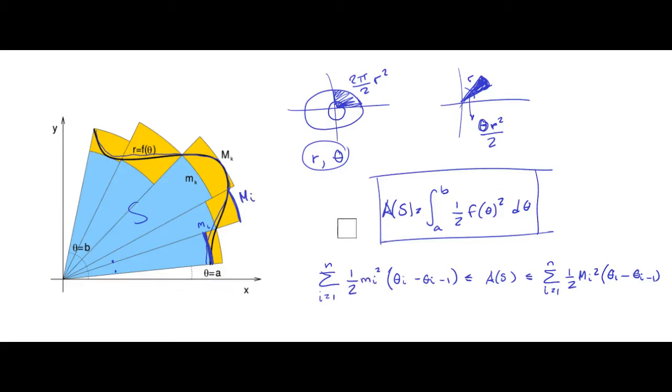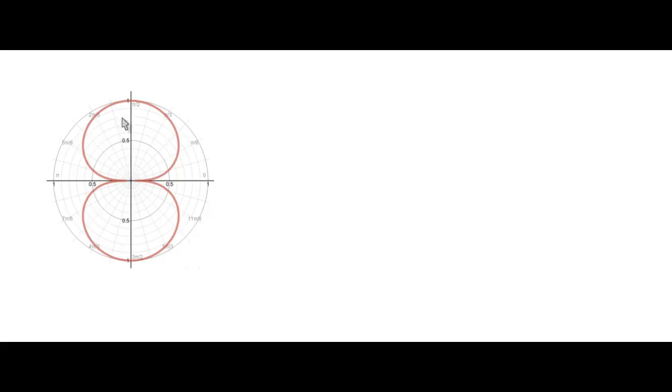Okay, let's go next. So we have this figure. This is one of those in which, if this is given in Cartesian coordinates, the curve is given by this equation: (x squared plus y squared) cubed is equal to y squared, right? This is the curve.